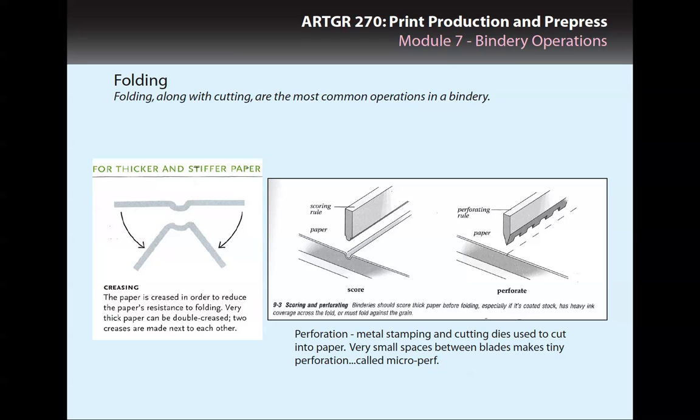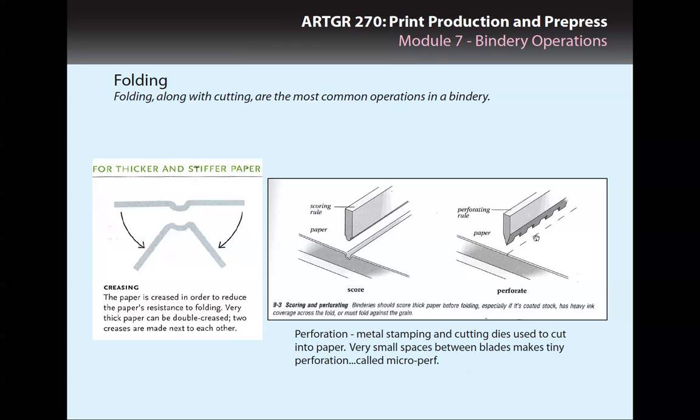Folding thicker paper can be a little tricky, so they put in these scoring and folding marks to help them before they fold. They could also run these score and creasing stamps even for flat paper that is intended to be folded later by the customer or the user.